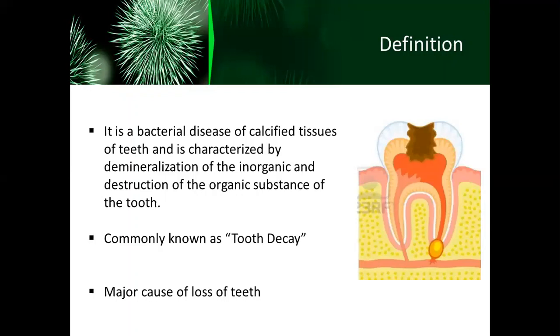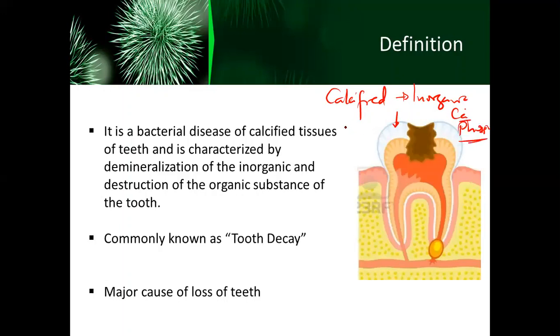So first of all, we all know, I think from the anatomy we talked about, that the enamel is highly calcified. The enamel is this section here. So it is highly calcified, made up mostly of the inorganic components, that is calcium and phosphate.